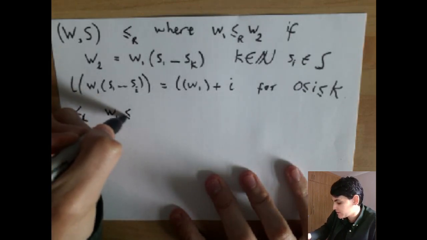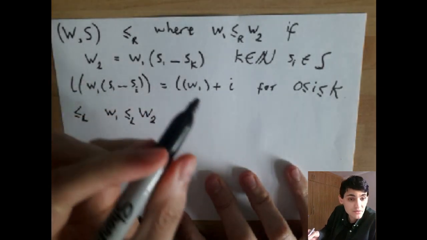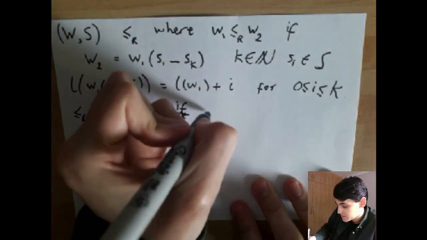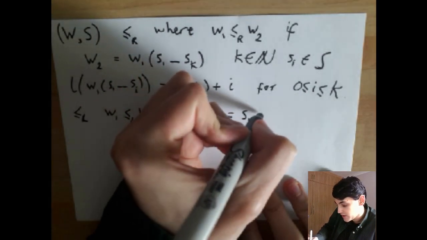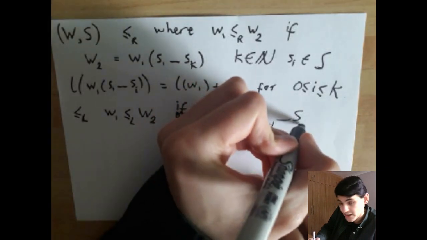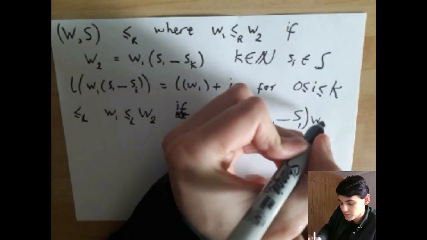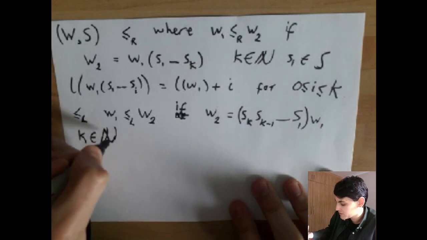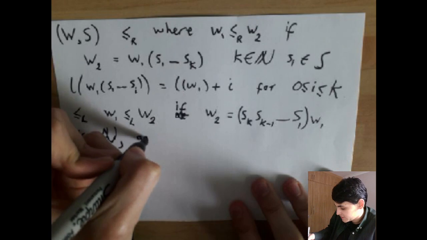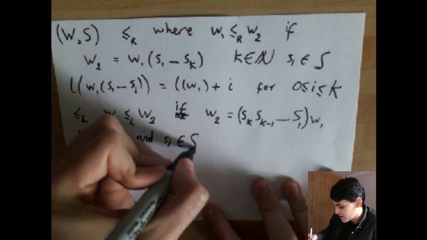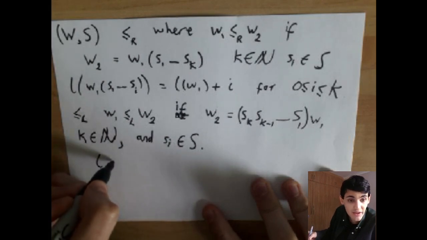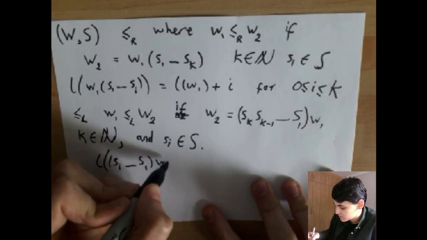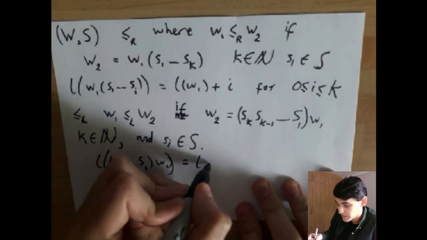That happens when W2 is equal to SK down to S1 times W1, for K in the natural numbers and SI in S. And we also, of course, have the length property here.